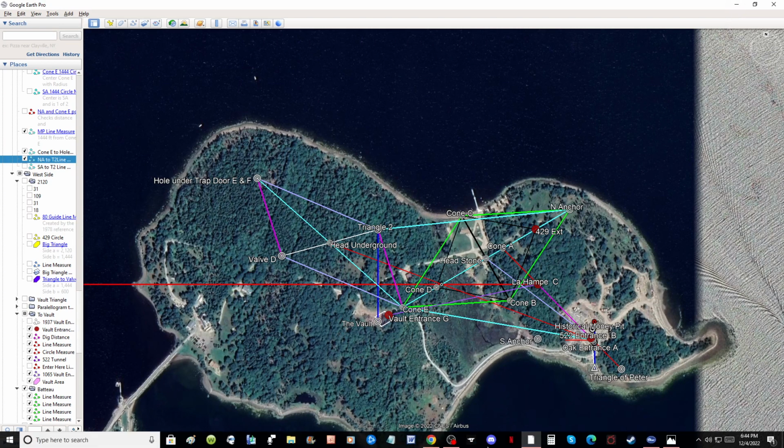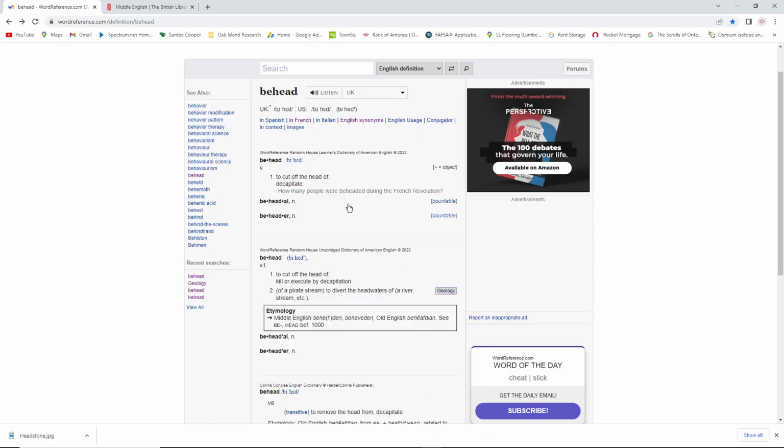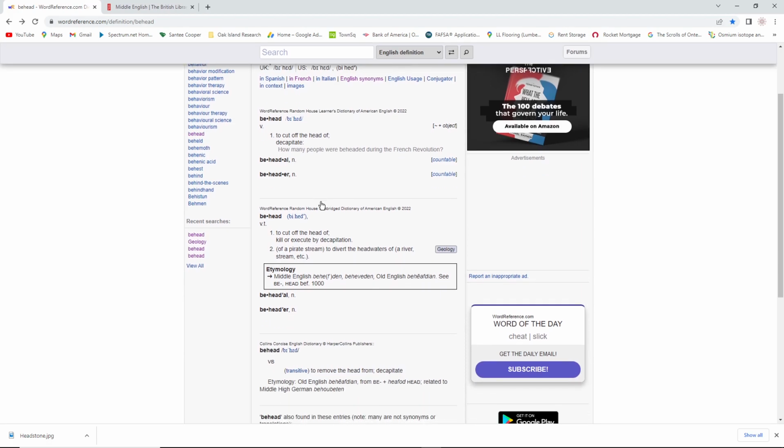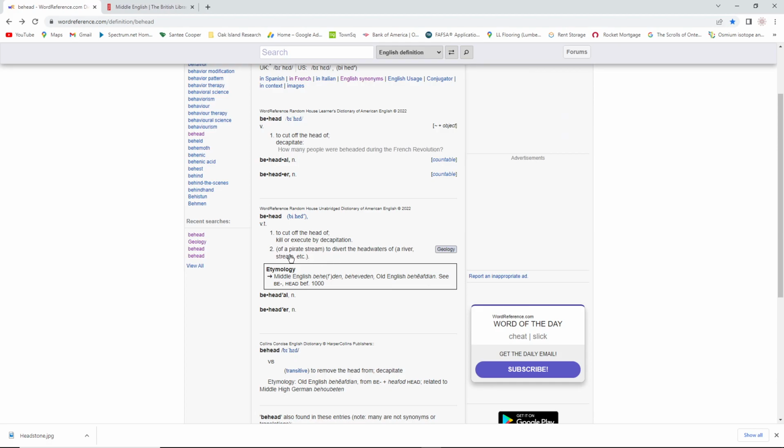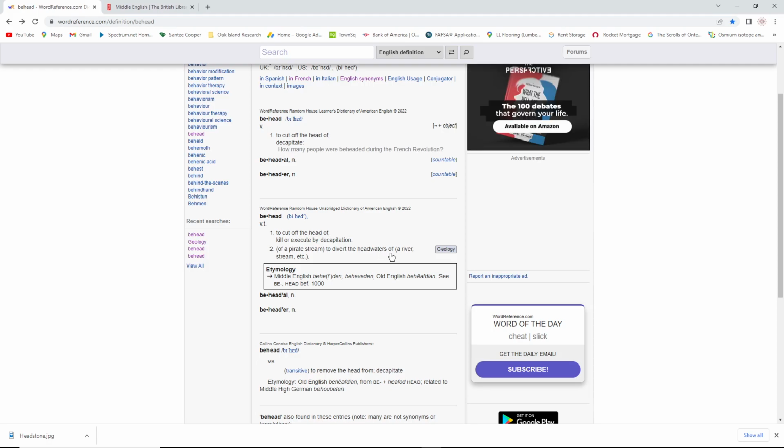And if you look at the term beheaded, it means to cut off the head of somebody and decapitate it, which is gruesome. But there's also another meaning, and that is to pirate a stream, to divert the headwaters of a river or stream, etc.